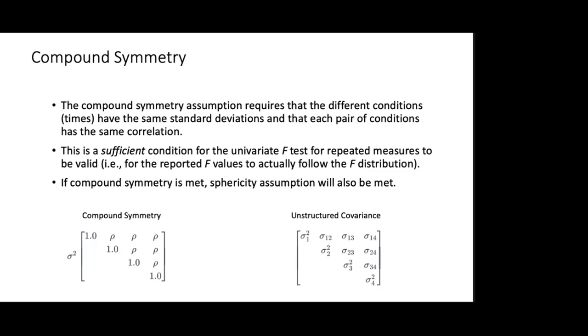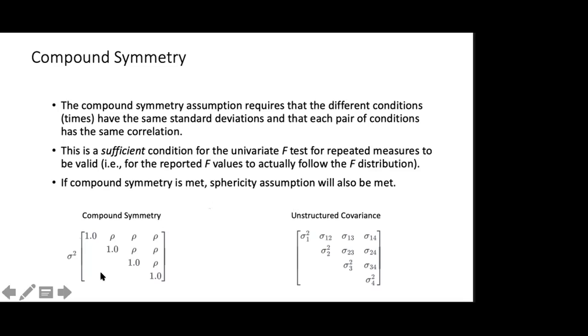It is a sufficient condition for the univariate F test for repeated measures to be valid. So if you have compound symmetry, then the F test will be valid, and sphericity is also given. Because it's a more restrictive condition, it implies sphericity.